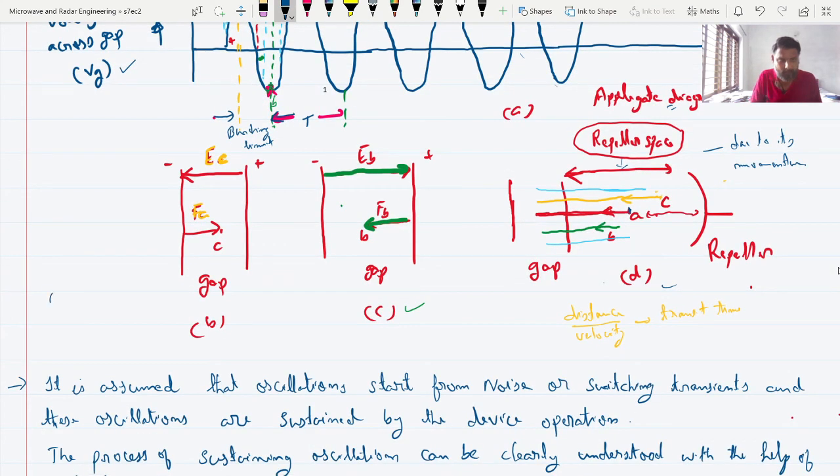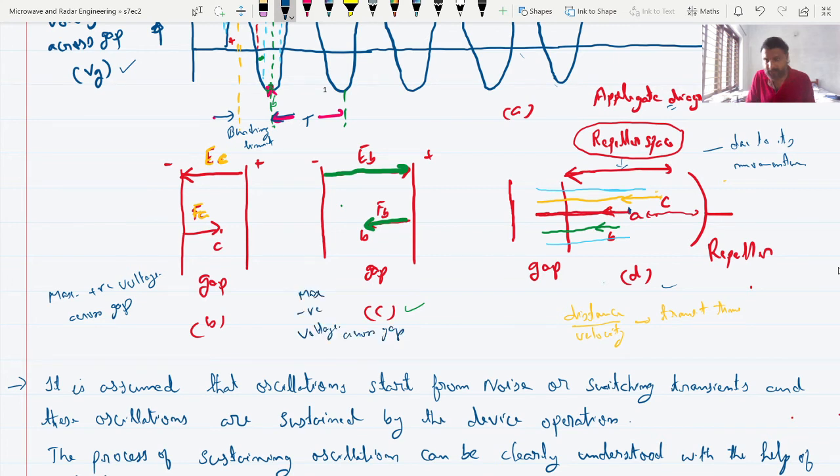This figure B, I can call it the maximum positive voltage across the gap. Maximum positive voltage across the gap. This is nothing but the maximum negative voltage across the gap.